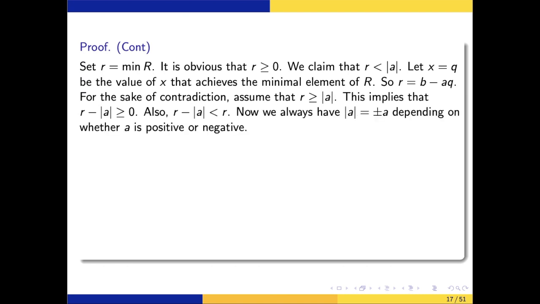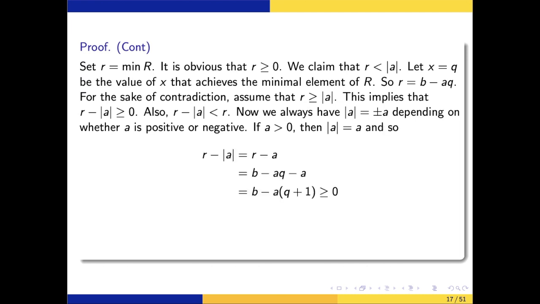Now we always have that |a| is plus or minus a depending on whether a is positive or negative. If a is positive, then |a| equals a, and so r minus |a|, which equals r minus a, equals b minus aq minus a, which equals b minus a times (q plus 1), which is non-negative, because we assumed that r was greater than or equal to |a|.